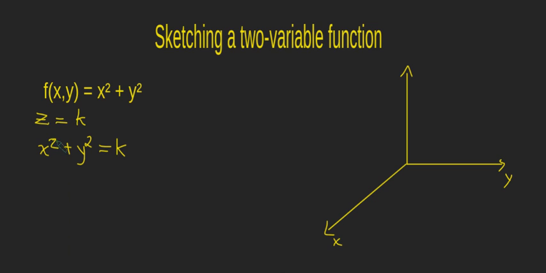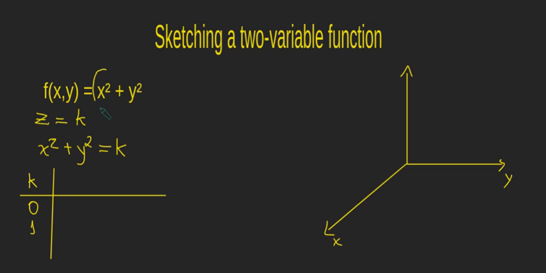Now let's see what the figure is for some values of k. Let me make a table here: k equals 0, k equals 1, and let's compute and put other values for k.